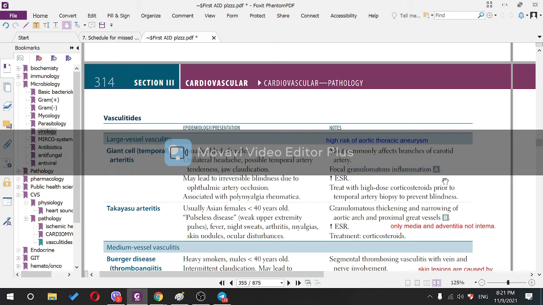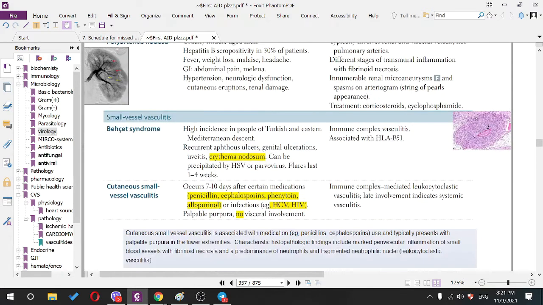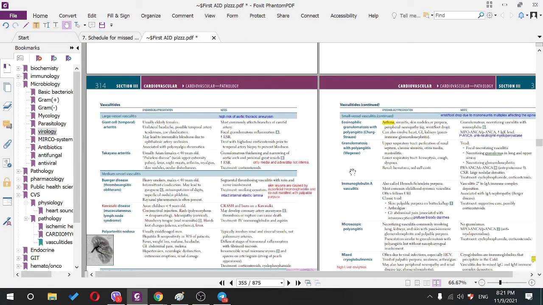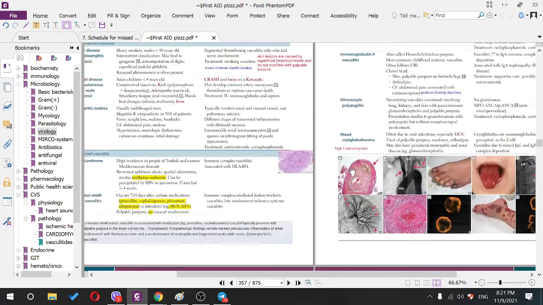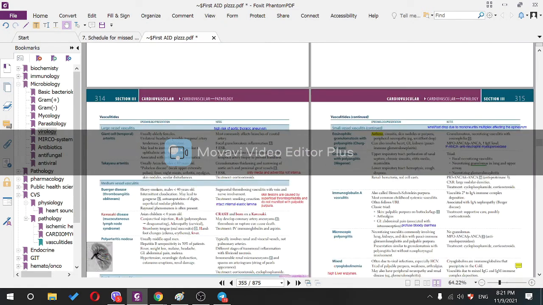Granulomatous inflammation. This disease is autoimmune. The granulomas, will they be caseating or non-caseating, guys? Non-caseating, of course, non-caseating. Excellent. Because caseating granulomas are only in case of infectious disease.